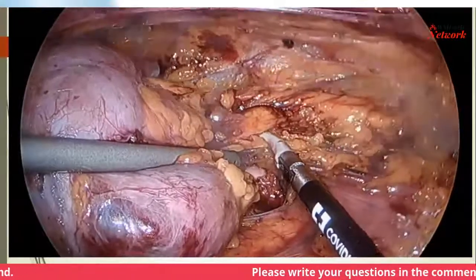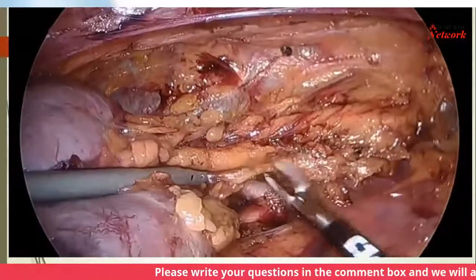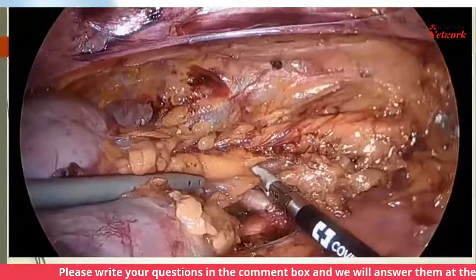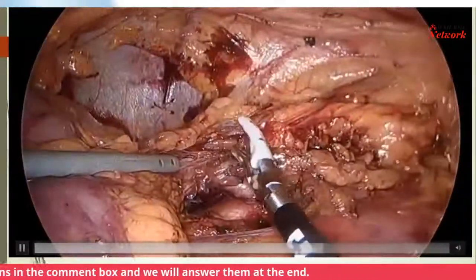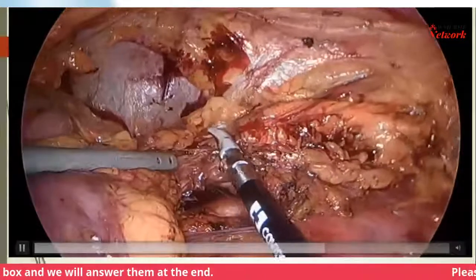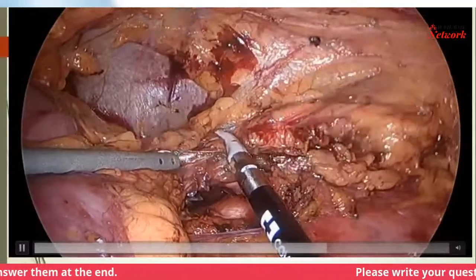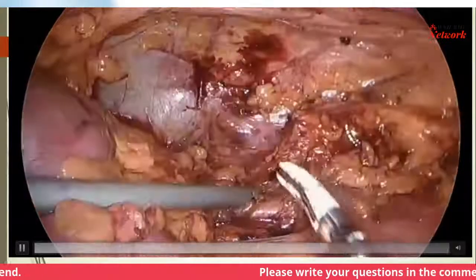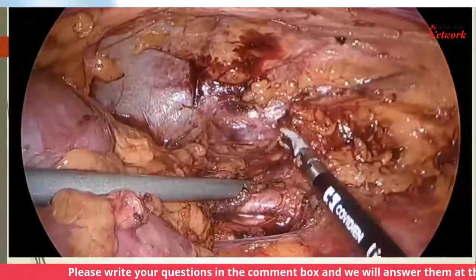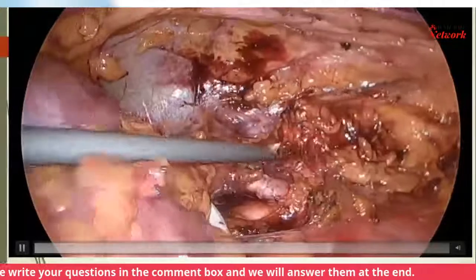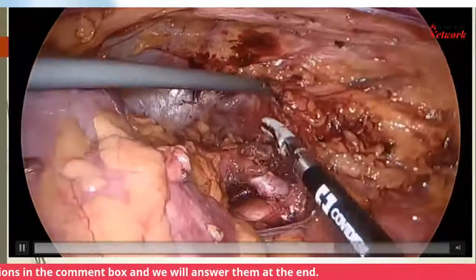So the surgeon will go ahead and separate everything. The adrenal gland is located right at the top of the kidney, somewhere here. So he's going to stay away from the adrenal gland. Very soon we are going to see the adrenal vein. That's the adrenal vein, which he is now going to divide, because the kidney is also attached to the adrenal vein.